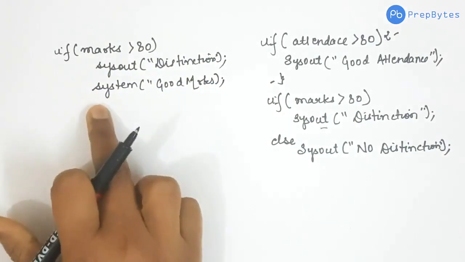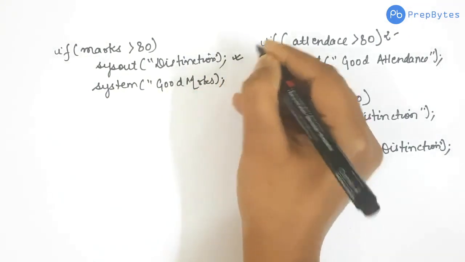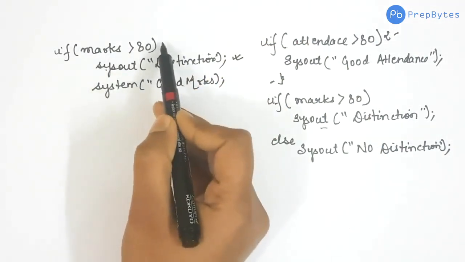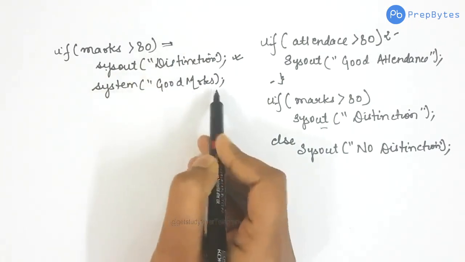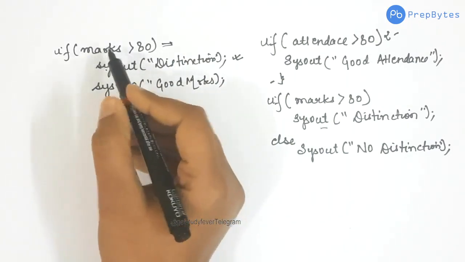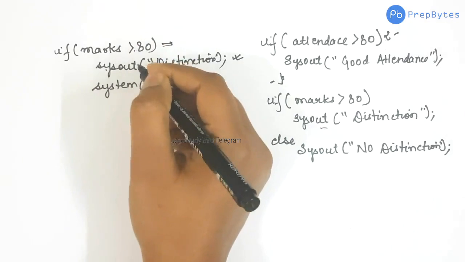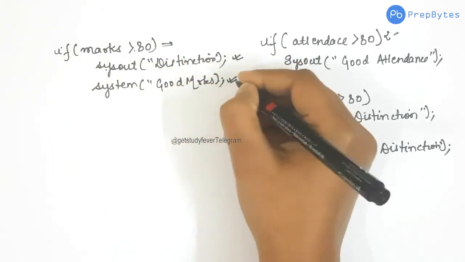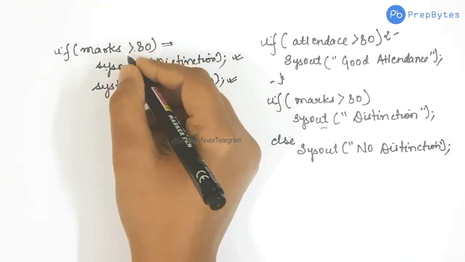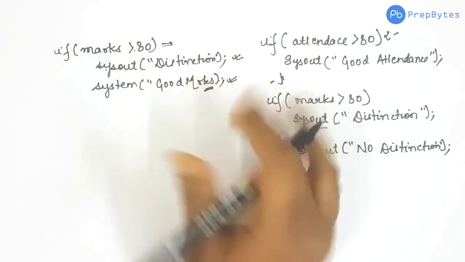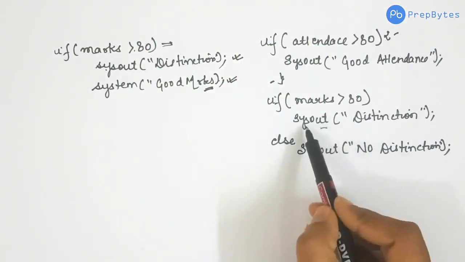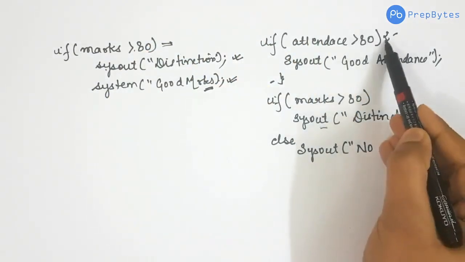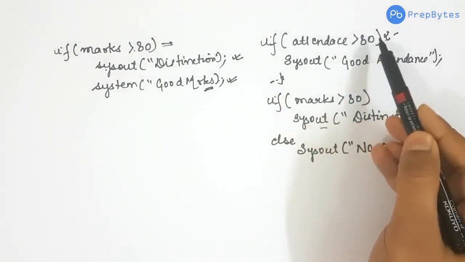In this case, only this sysout is coming inside this if block. This one is outside this particular if block. So even if the marks is greater than 80 or not, this gets executed. So if you have just one statement, then you can skip the curly braces.